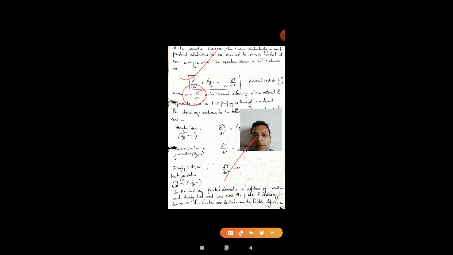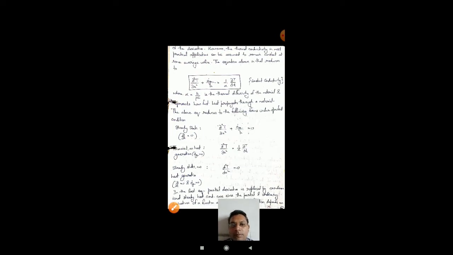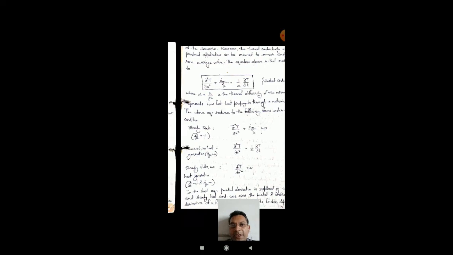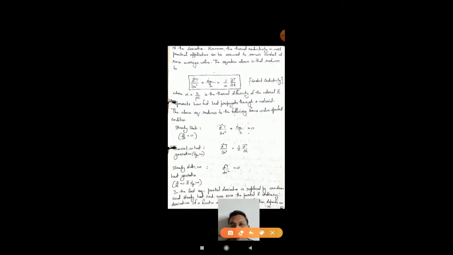Therefore, this is the second case, of constant thermal conductivity. Now considering the other various cases, if I assume steady state, steady state means del T over del t is equal to 0.